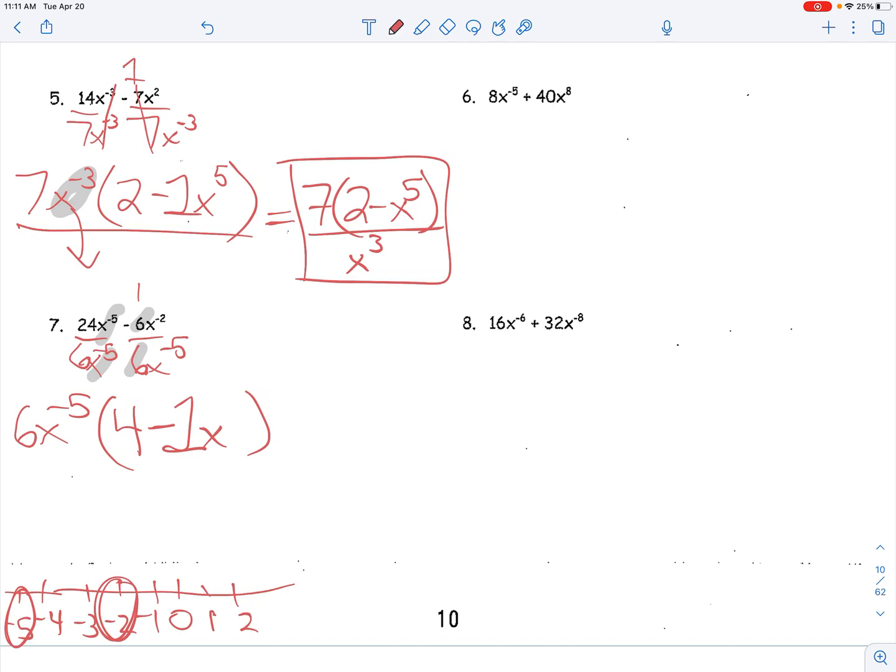So minus 1. X to the power of negative 2 over x to the power of negative 5 is x to the power of negative 2 minus negative 5. Negative 2 minus negative 5 is negative 2 plus a positive 5, isn't it? So that's going to be negative 2 plus 5, so minus 1x to the power of 3.